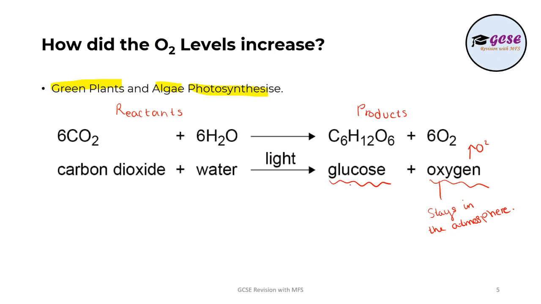Now glucose, which was produced, is used by the plant for energy. Glucose is a store of food for the plants and it's there for growth. You need to know the word equation, which is over here, and you also need to know the symbol equation, which is here.